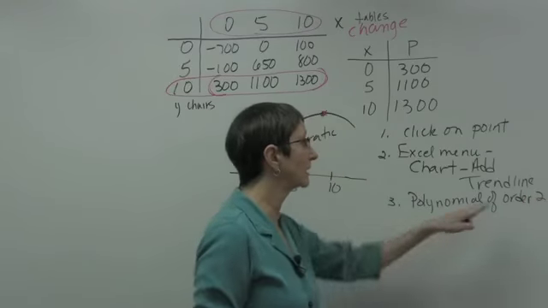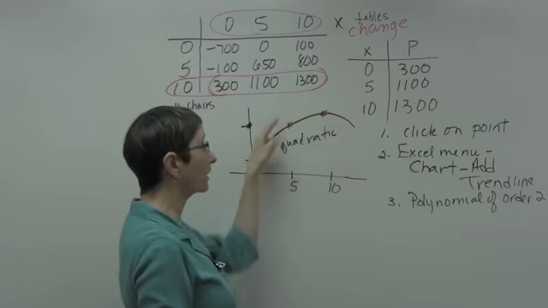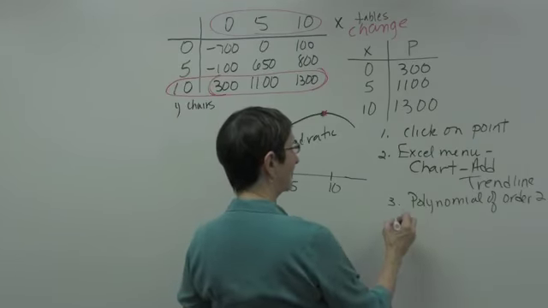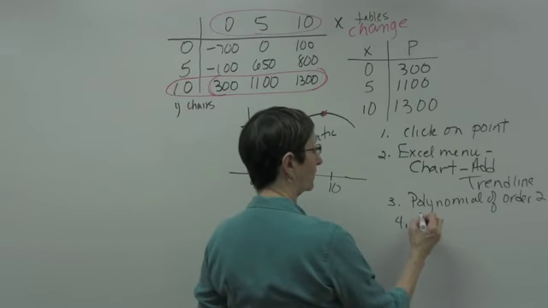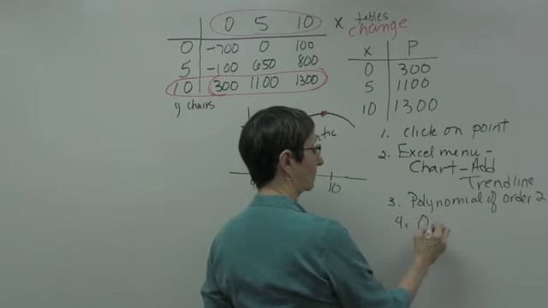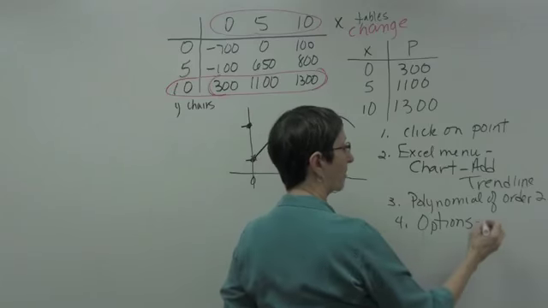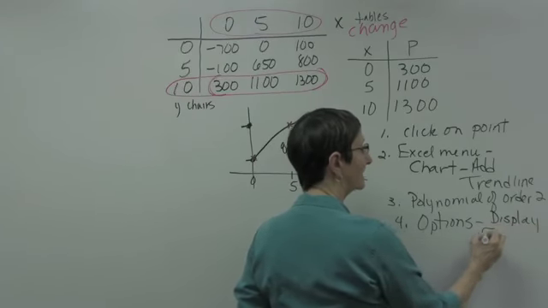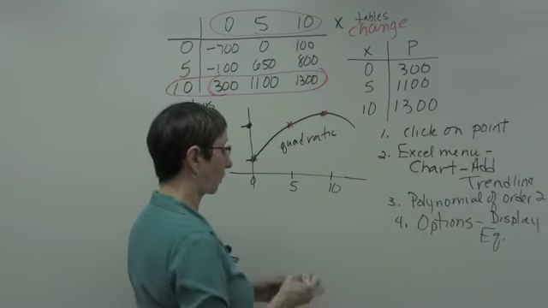It'll say polynomial, and you'll have to select your order because it was a squared function, and that's what a quadratic is, x squared. So you have to remember all that. And then after you select that, you look for the options word, and in there, in that part of the box, it'll say display equation on chart. And so this is what you will do to get the equation that we got before.